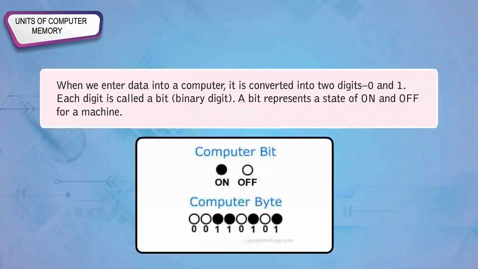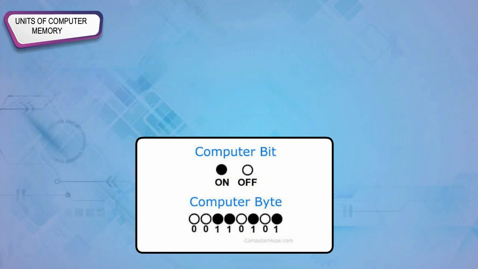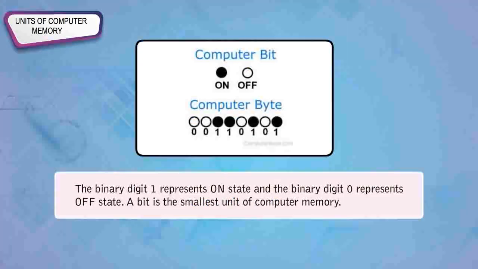Units of computer memory. When we enter data into a computer, it is converted into two digits, 0 and 1. Each digit is called a bit, binary digit. A bit represents a state of on and off for a machine. The binary digit 1 represents on state and the binary digit 0 represents off state.